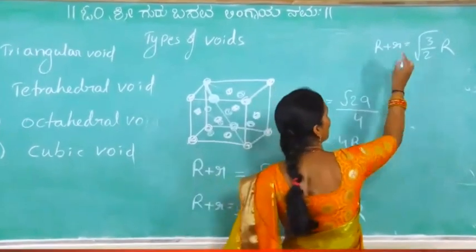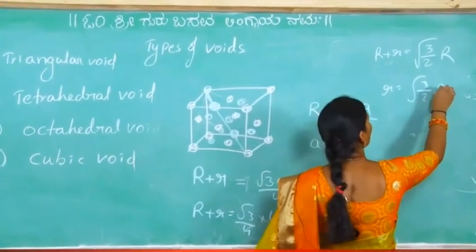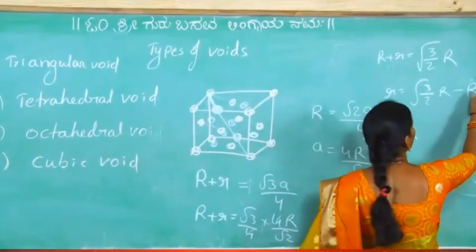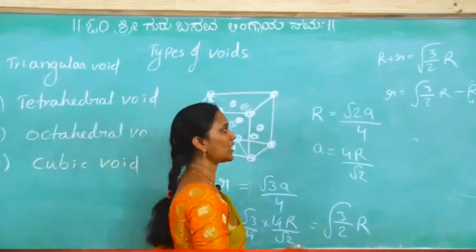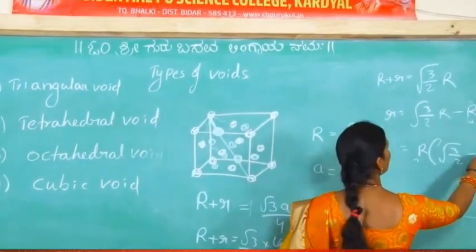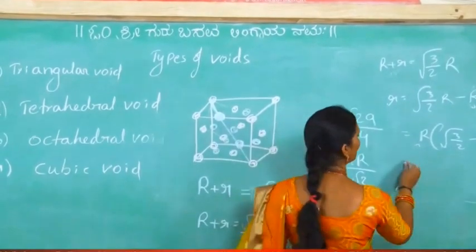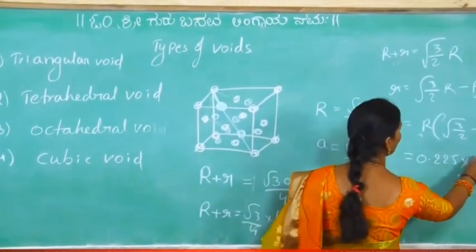Radius of void r is equal to root 3 by 2 R minus R. Take R common, root 3 by 2 minus 1. If you simplify this, we get 0.225 into the radius of the sphere.